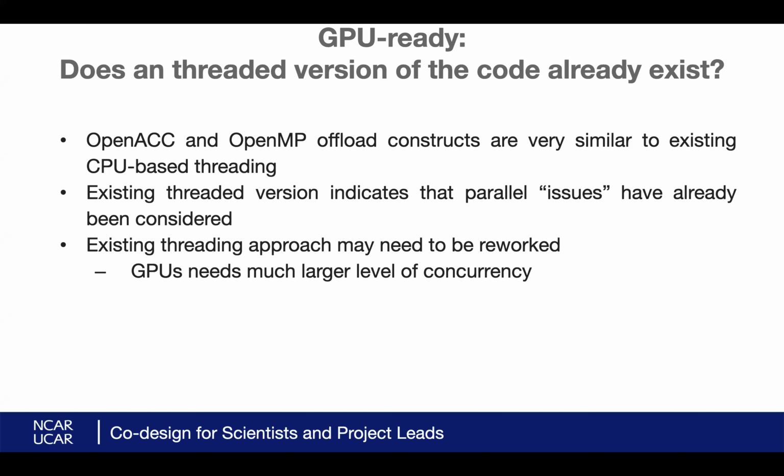There are a lot of details that you have to sort out and keep straight. Existing threaded versions indicate that parallel issues have already been considered and thought about, and that can save a lot of time. The thing that is still relevant is that existing threading approaches may need to be reworked.